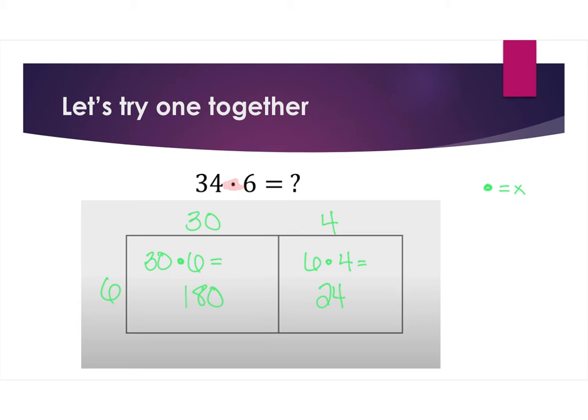So you need to remember that as we go. So we're going to take 6 and put it on the outside. We're going to split 34 up into 30 and 4. So we take 30 times 6 is 180. 4 times 6 is 24. Then we add 180 plus 24 and we get 204.